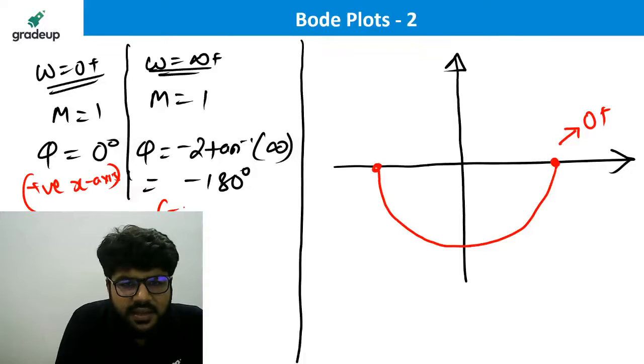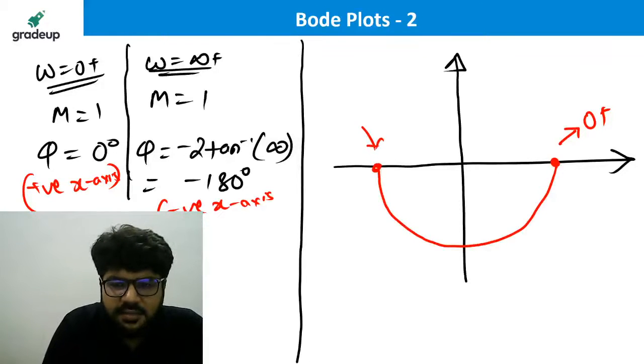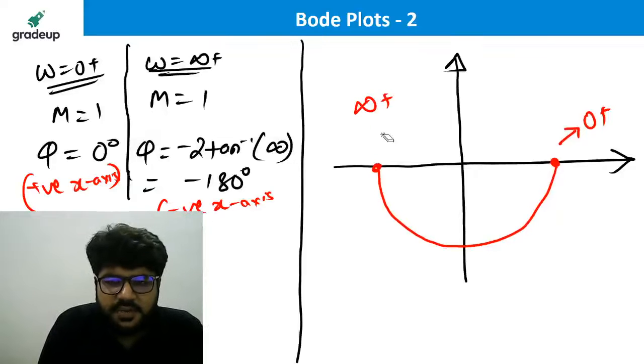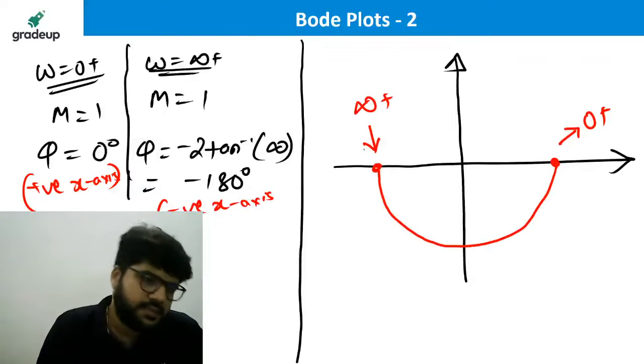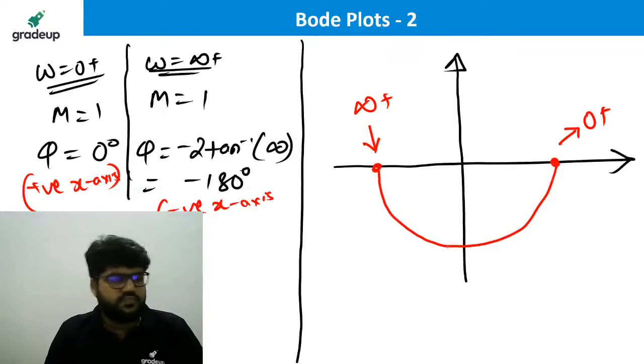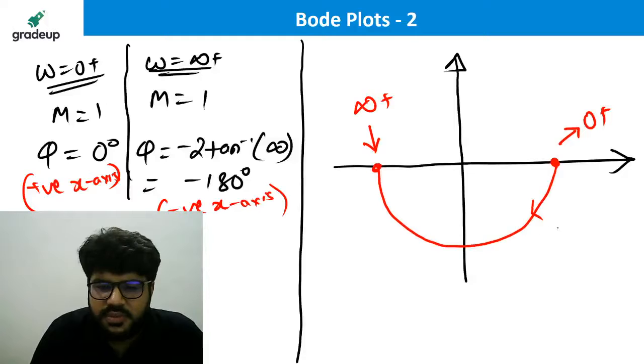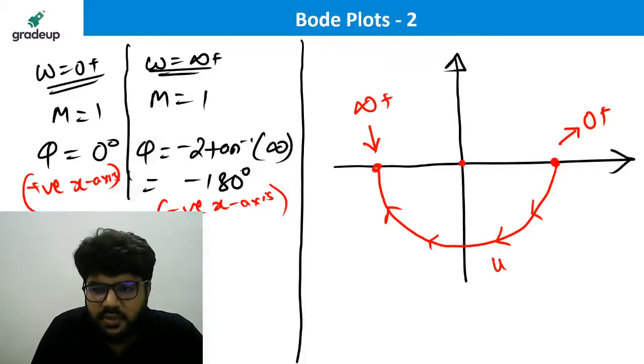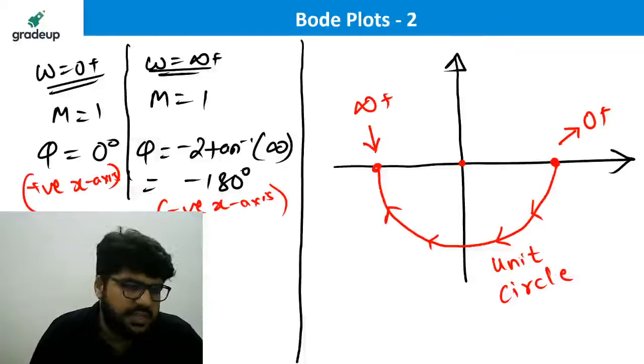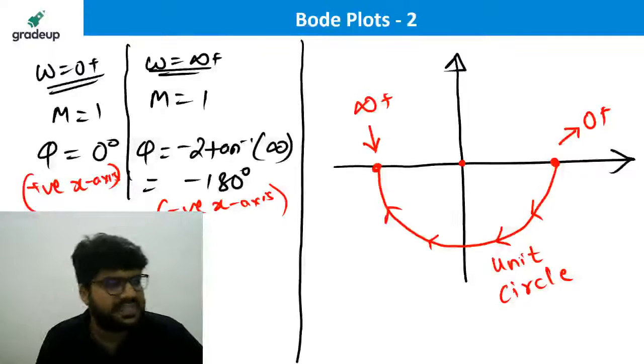Phase 180 degree, negative x axis. So this is infinity plus. Arrows are from 0 to infinity. It's basically a unit circle because magnitude is fixed at 1, the distance from origin is always 1, like radius equal to constant.